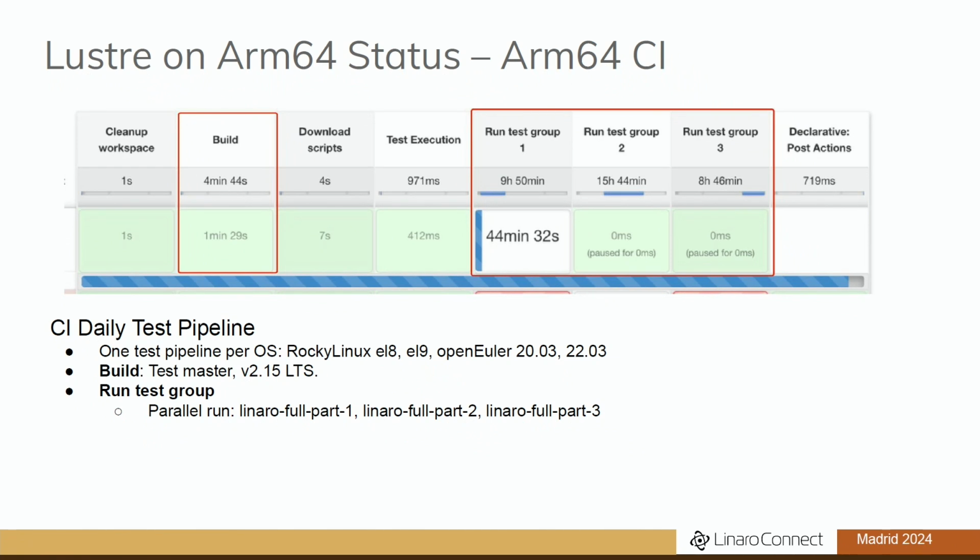And in the run test stage, it will run 3 test groups in parallel. Currently our test OS are Linux EL8 and EL9, and the latest openEuler LTS versions.